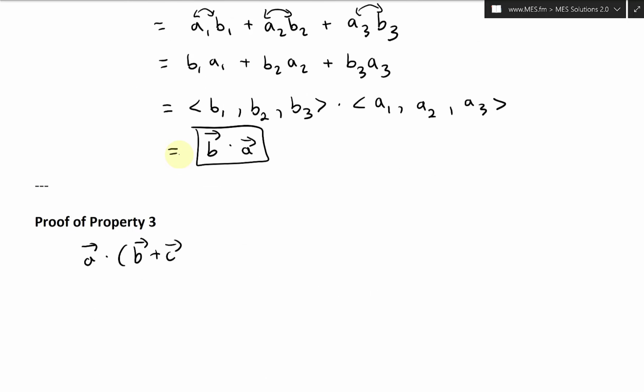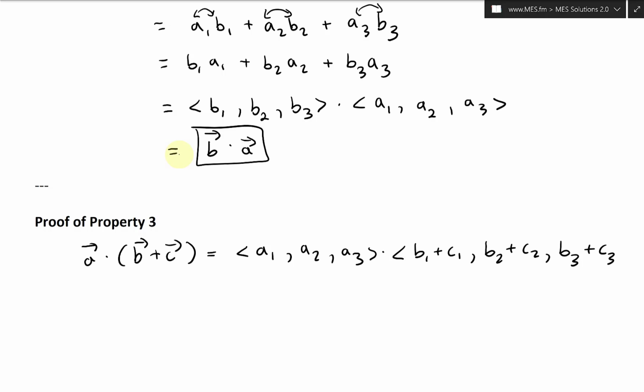So A vector dot B plus C vectors equals, in their component parts, A1, A2, A3, and then B plus C in their components. Those are just adding vectors, and when you add vectors, you add each component. So this is B1 plus C1, B2 plus C2, and B3 plus C3.